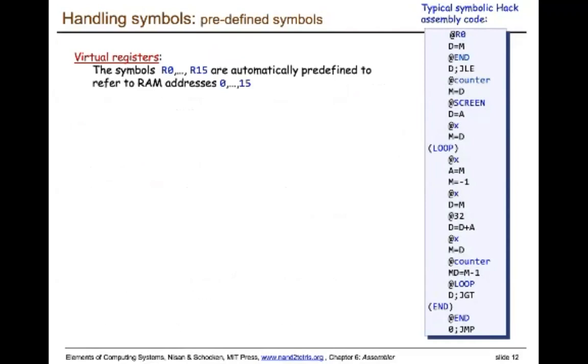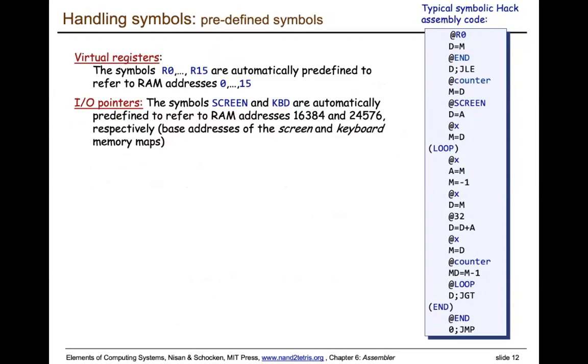Okay, now we look at our predefined symbols, the assignment for the assembler. The first one is R0 to R15, which are automatically predefined to refer to memory addresses from 0 to 15. This one is already occupied.